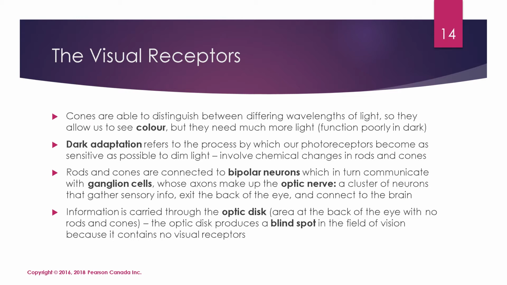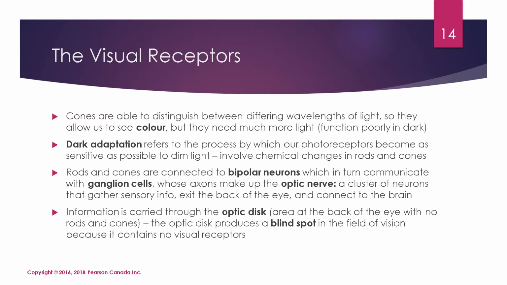The cones are typically the ones that adjust first, and they enable you to see, not very well, but at least have some sense of night vision. And then after a few more minutes, your rods start to adapt as well. At that point, your vision has gotten about as good as it's going to get in terms of your dark vision, or night vision, I guess.